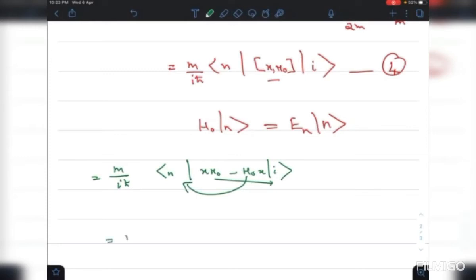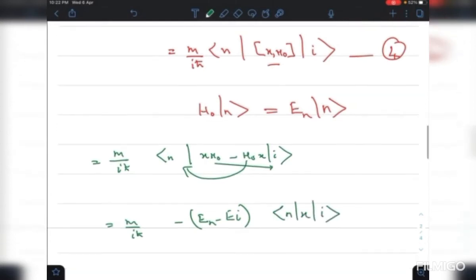It is equal to m by i h cross, okay, minus, so H0 acting on n will give you En. So I have En minus Ei, so I can write minus of En minus Ei. Then you have that x inside factor, n x i.